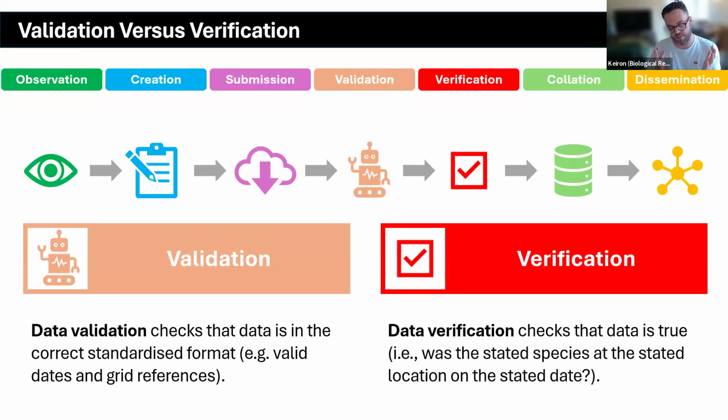So was the stated species really at that location on that stated date? Now, I think it's important to note here that when we're talking about Record Cleaner later, Record Cleaner cannot verify records, but what it can do is give us messages that help us look back at and reflect on our own data to help the human verifiers that will undertake verification checks when that data is submitted to a record center or through iRecord, etc.